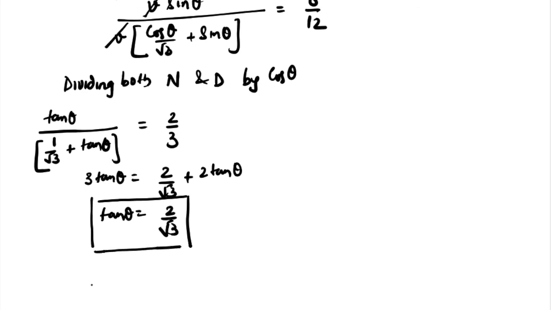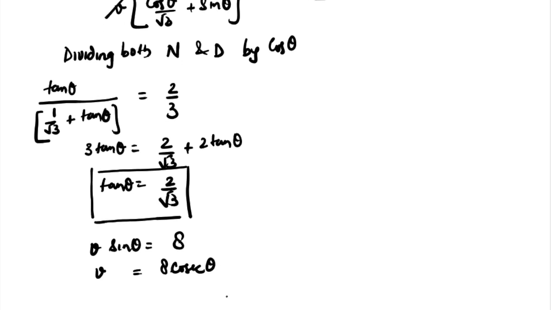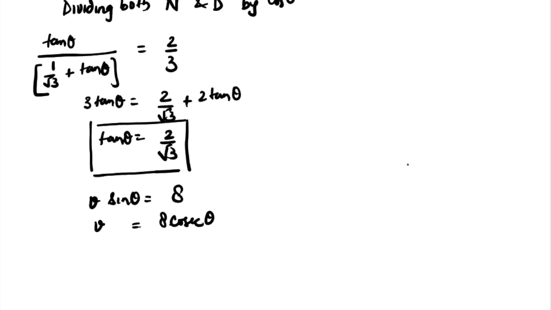Now to find V, we had V sin theta is equal to 8, or V is equal to 8 cosec theta, and there is a relation by which you can relate.